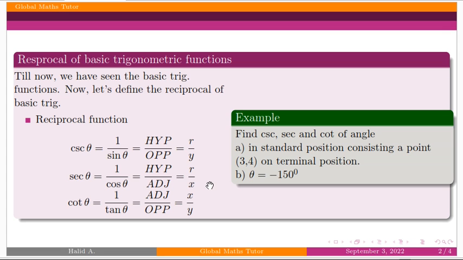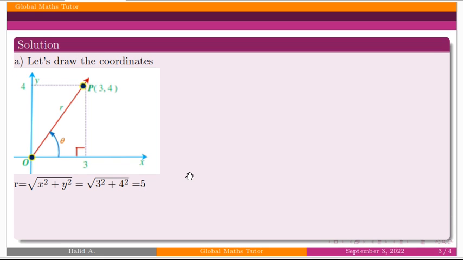So let's draw it first. So here theta is formed by this terminal side. Without calculating theta, we can easily find the trig and reciprocal functions by first finding r.